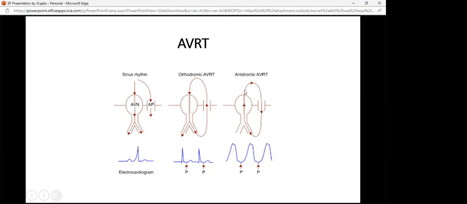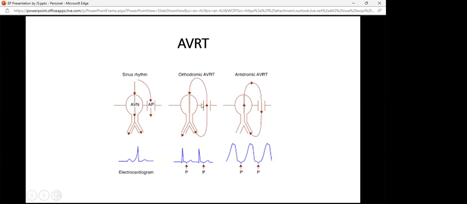The alternative is the antidromic, which, for me personally, I've only ever seen once or twice in 15 years, so it's quite rare. Very similar mechanism, but instead of going down the node, this time it's going down the pathway and going back up the AV node. And this can be quite scary to see on an ECG, because it's very broad and very fast, because we've got to understand the properties of an accessory pathway.